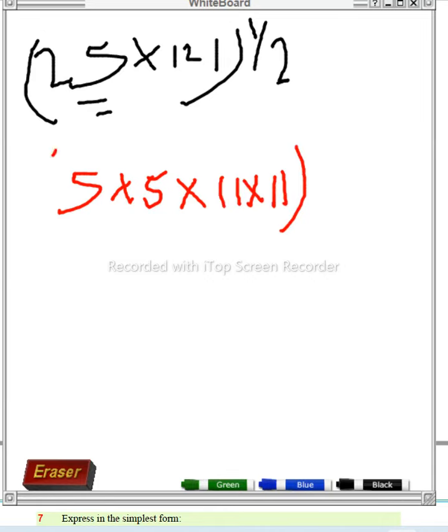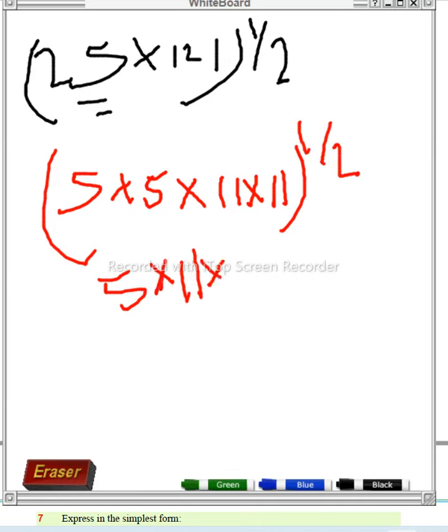The whole has the power of 1 over 2, which means we have 5 times 11. We can write it by interchanging the numbers. Again we have 5 times 11 to the power of 1 over 2.